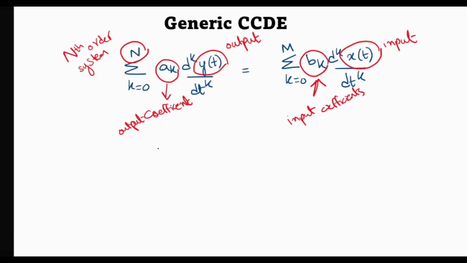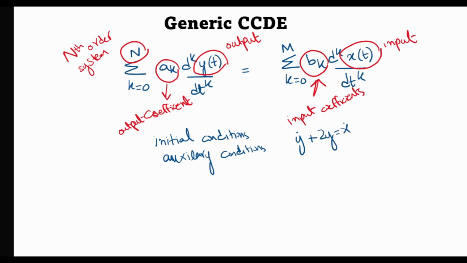Now you also recall from my previous lecture that we used initial conditions, sometimes also used interchangeably as auxiliary conditions, to find the solution of the differential equation y dot plus 2y is equal to x. So in general, for an nth order system, we require n initial conditions.